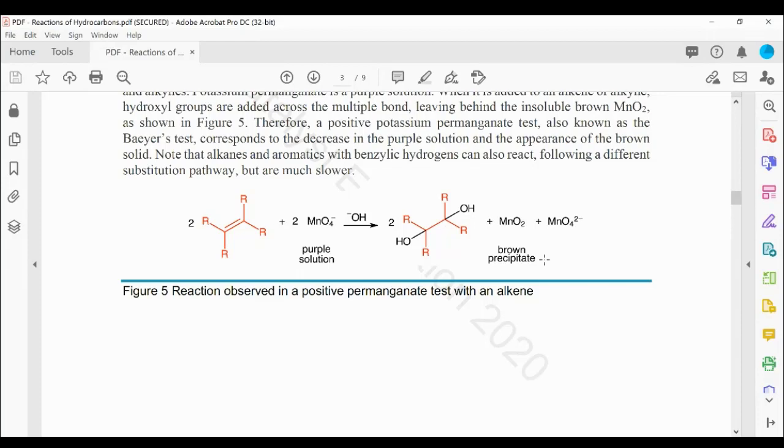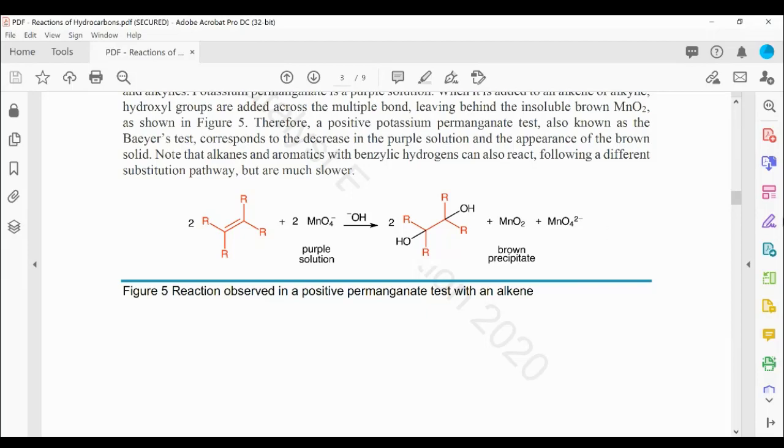And when are you going to have a positive reaction? Only with alkenes and alkynes, only with double bonds or triple bonds. This is also called Baeyer's test.